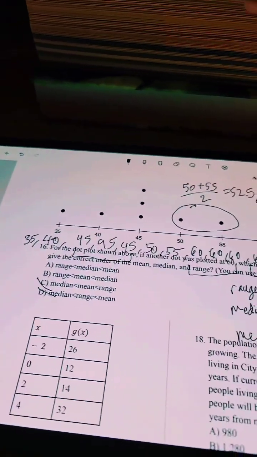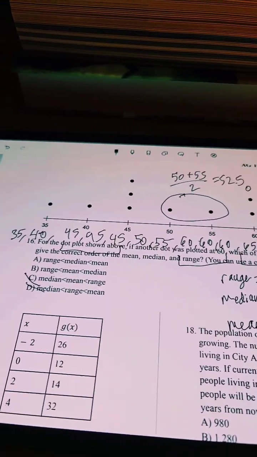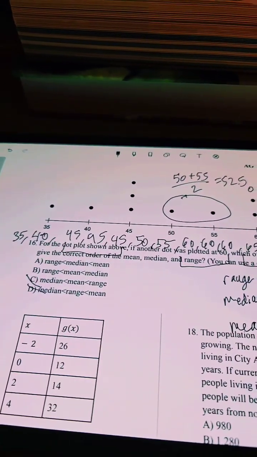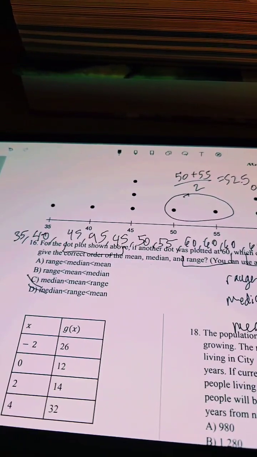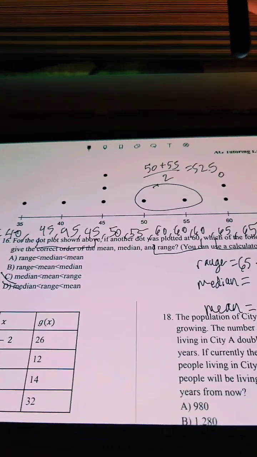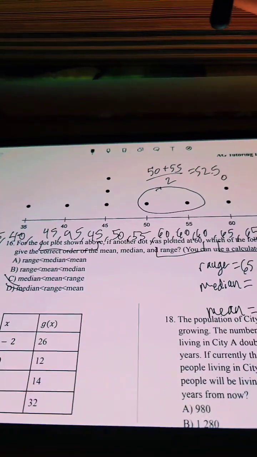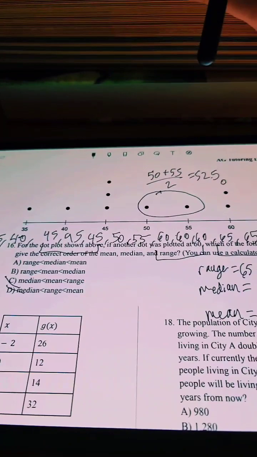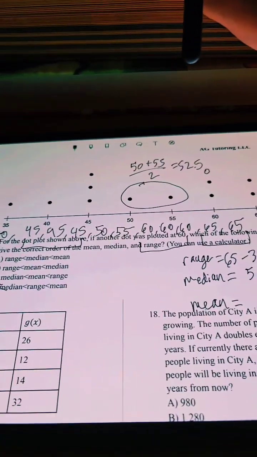So when you do that, let's see, hold on. I have 35 plus 40. I'm using my computer calculator, so it's going to take a second. So that's going to be 135 plus, oh my god, no, I exited out of my calculator. 50 plus 55. There we go. Okay, and then that's going to be 180.